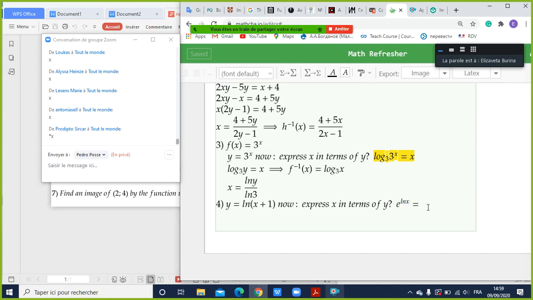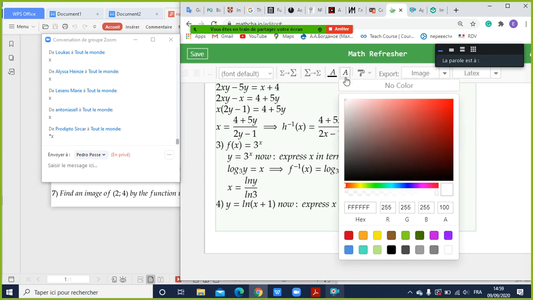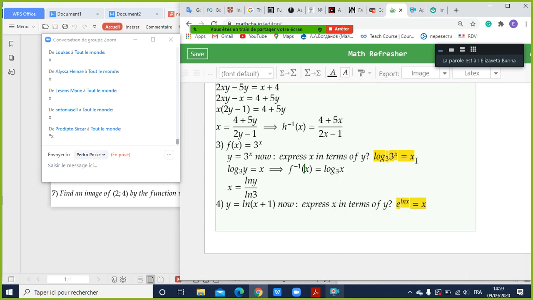And now we're raising e to that power. Well, what are we getting? We're getting nothing but x. And these two things are beautiful. So this is, well, it's all about the same, right? So this yellow formula, this helps a lot, believe me.